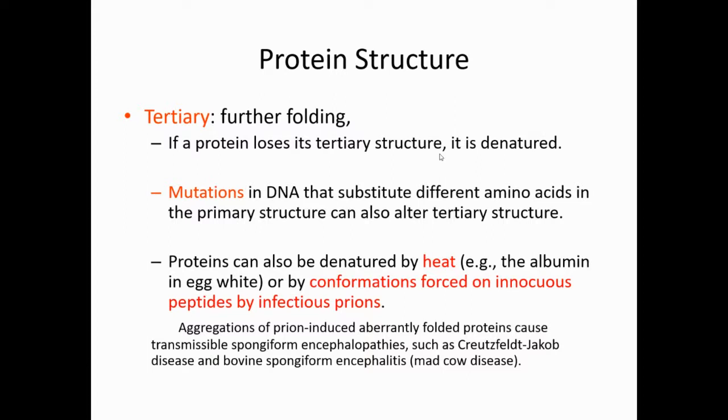That would be the secondary structure that we see, like alpha helix and beta pleated sheet. We have the oxygen from the carbonyl group and the hydrogen from the amide group. They form the hydrogen bond, so that will contribute to the tertiary structure.